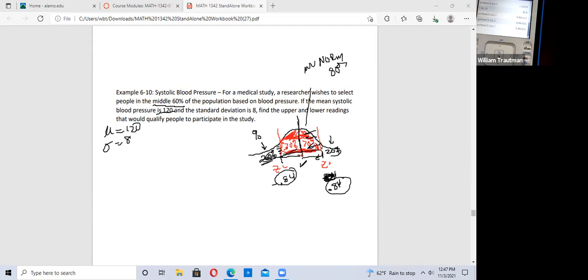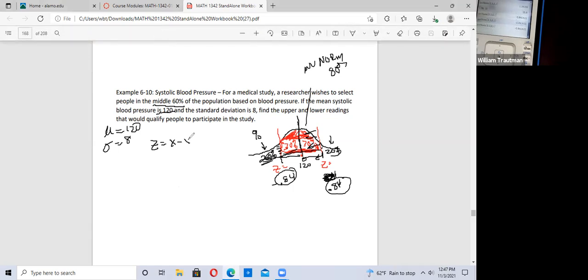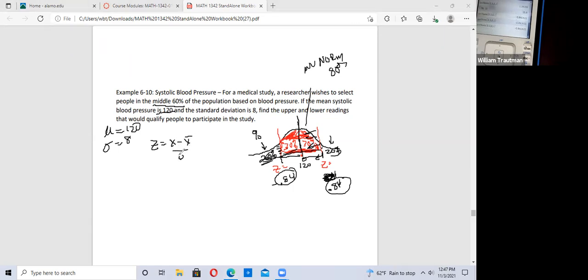We know our average blood pressure is 120, a z-value of 0. So if we use our formula, z equals x minus the average over standard deviation, then the z, this first one, is negative 0.84. Now we're trying to find the x value. The average was 120 and the standard deviation was 8.